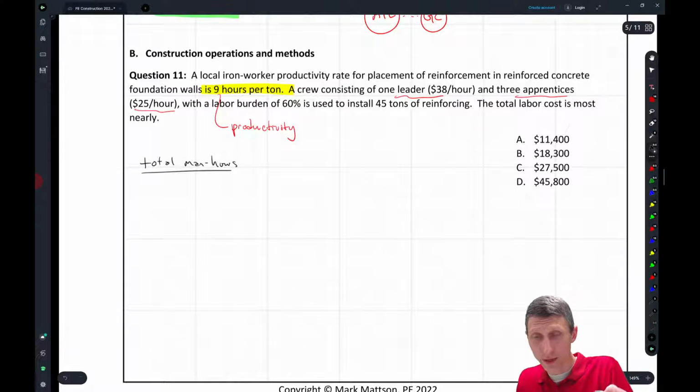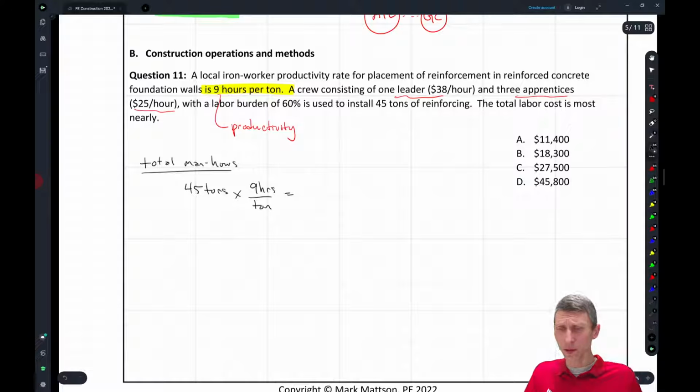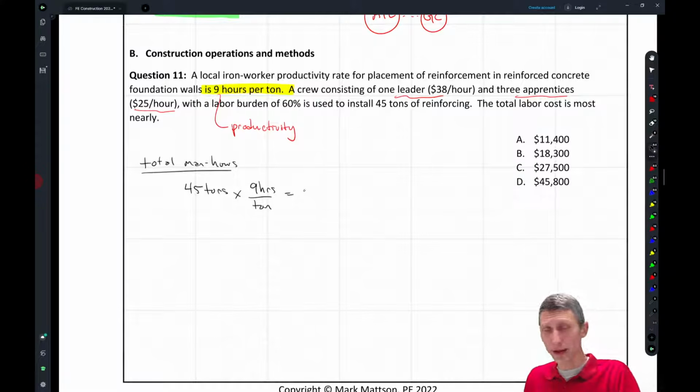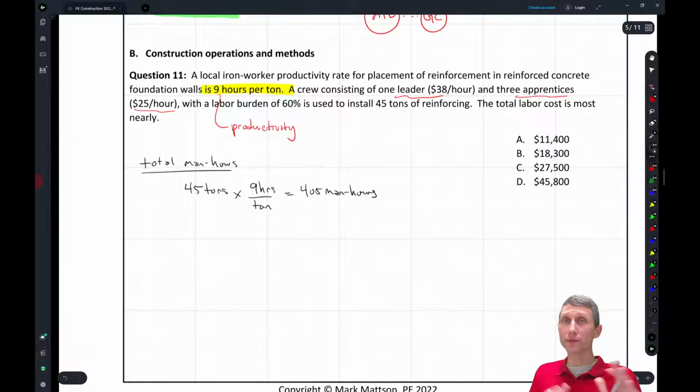We're going to have 45 tons of rebar times 9 hours per ton. 9 times 45 gives me 405 man hours. So that's the total number of hours.